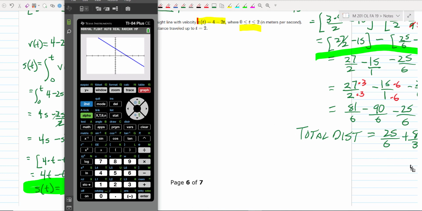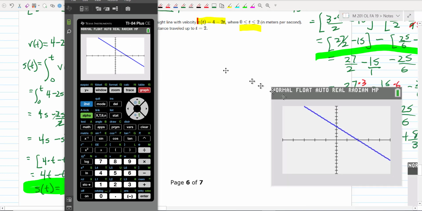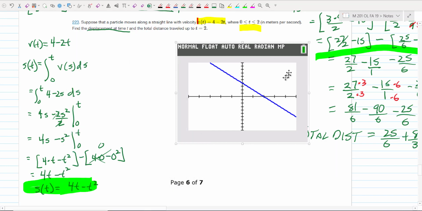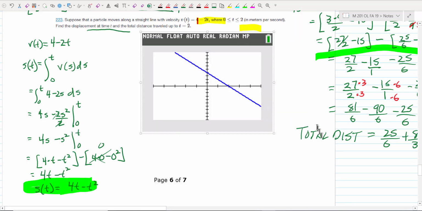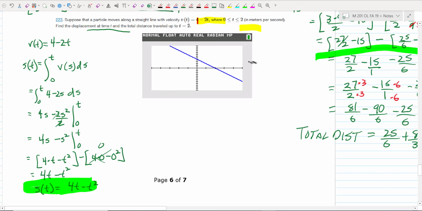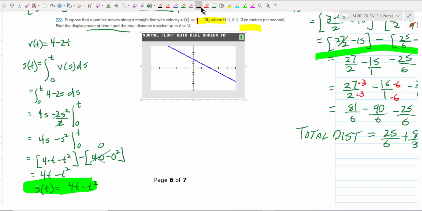Okay, so let me slide this thing over here and just interpret kind of what's going on in this problem. So kind of like the last problem, what you have is you're really finding this area under the curve from 0 to 2. Okay, so you're just looking at this region right here. So two ways to do this.